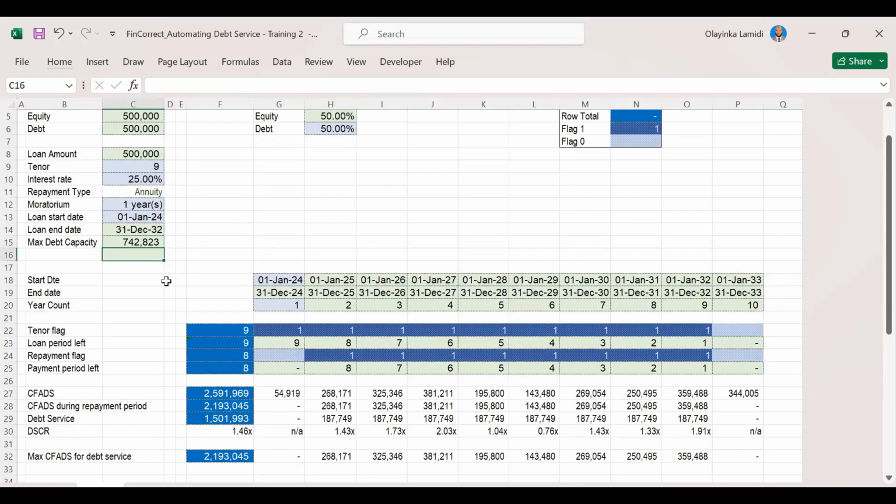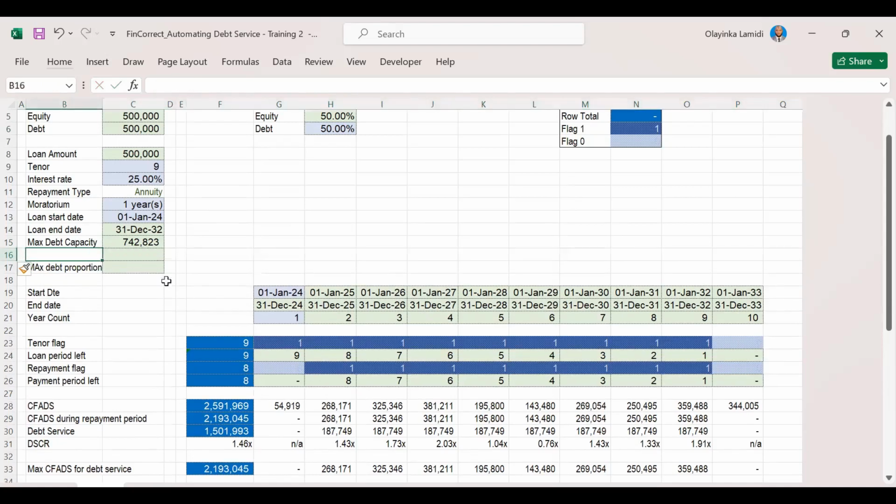And debt sculpting is we want to align the CFAD to debt service, right? We want to align the debt service to the CFAD either way. But before I do that, I want to know the maximum debt proportion. Let me produce my new equity amount, based on this adjustment that we've done.